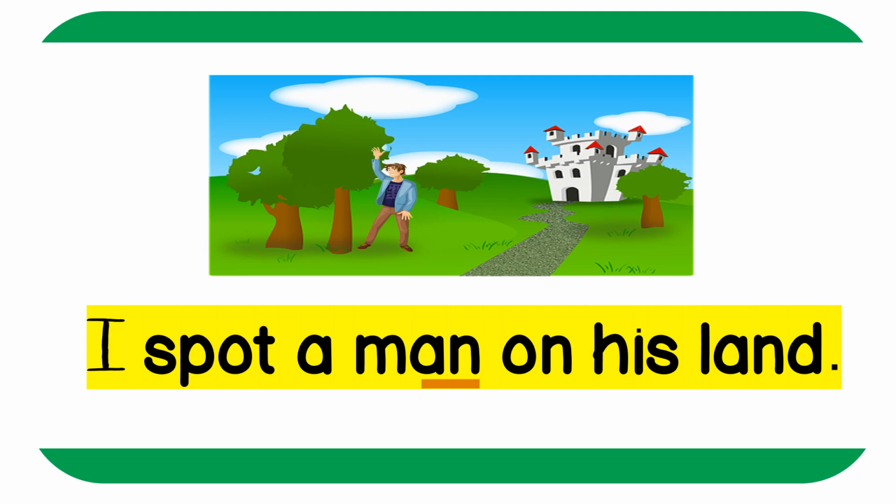Is it this one? So we need a at the beginning to have an. What about this one? No. How about this one? Yes, we can see an. Let's read now.